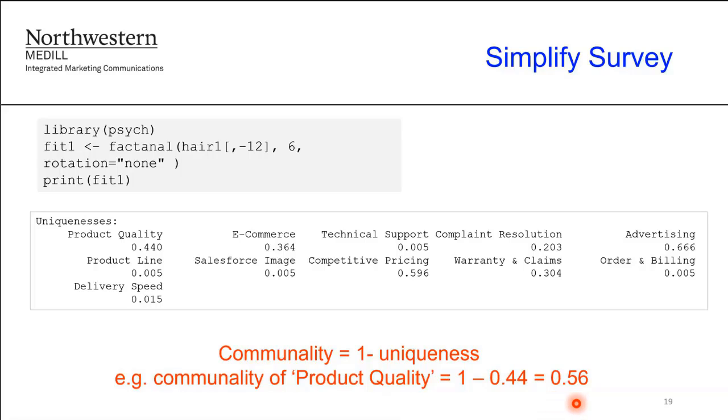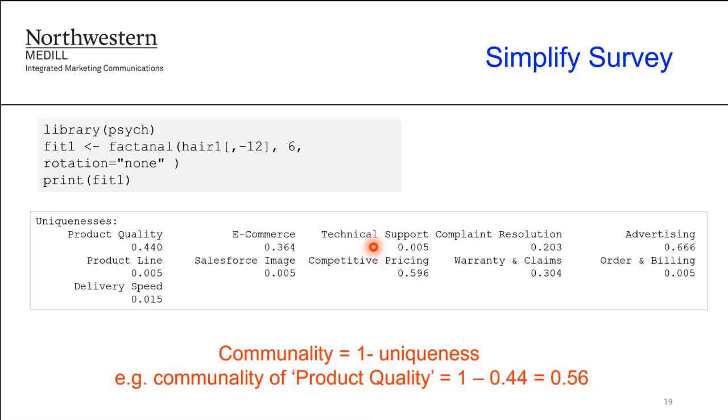So based on the communality rule, should we keep this variable or should we drop this variable? Yeah, we have to keep this variable because the communality of this product quality is over 0.5. Then how about the others? If you look at this e-commerce or technical support, its communality values are over 0.5 as well.